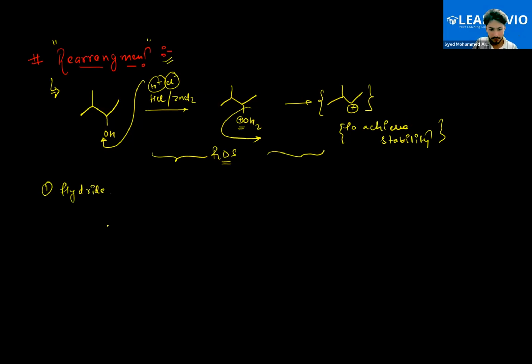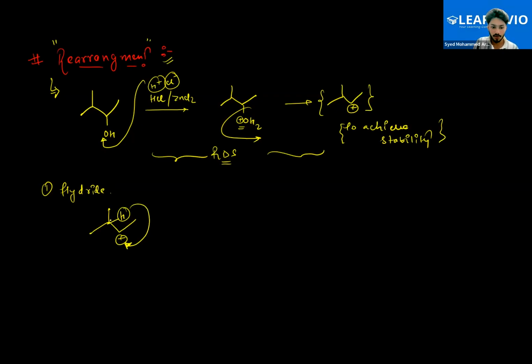What is this hydride shift? Here I have this cation. This is one carbon, this is another carbon, and this is a 3 degree carbon. Three bonds are visible, but the other valency, which you can't see, is filled by a hydrogen.